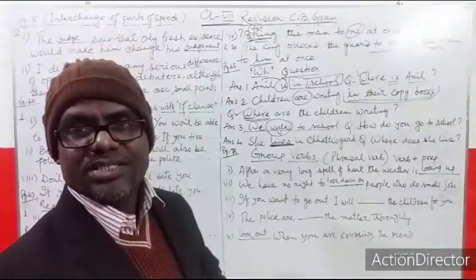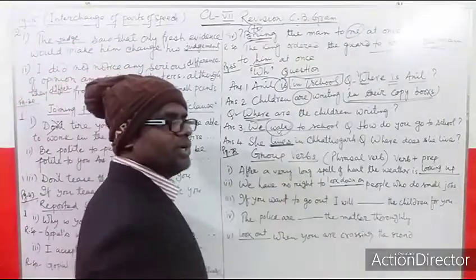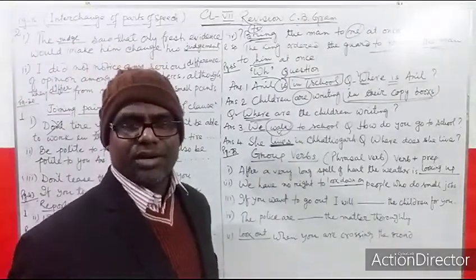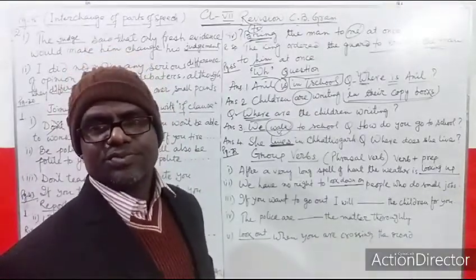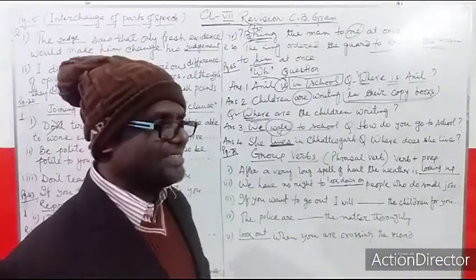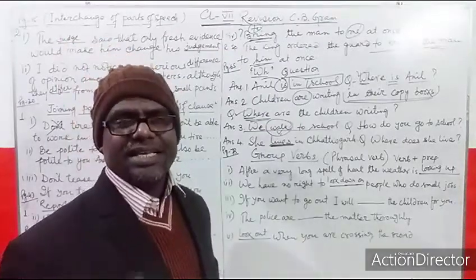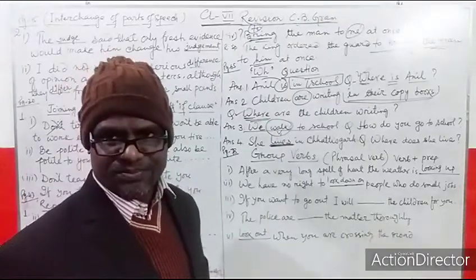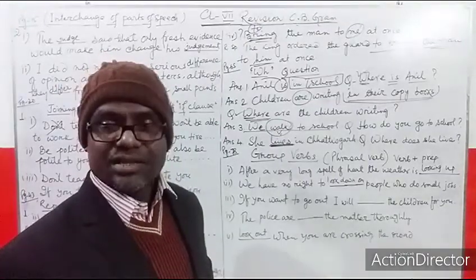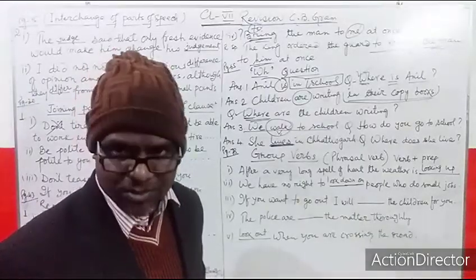Second form walked, third form walked. Because the main verb is in first form, you need to bring the do verb. The first form of do verb is do, and the second form of do verb is did. And there is another form of do verb, that is does, DOES. That is not the third form. That is another form of do verb, used for third person singular number.